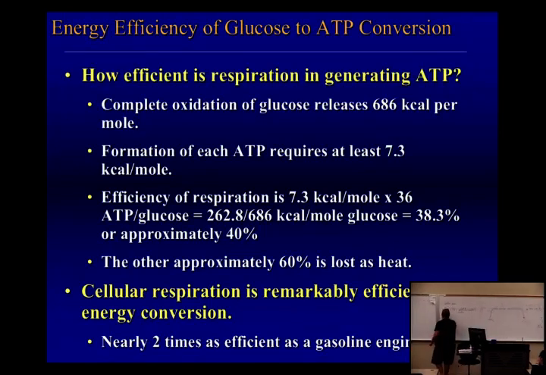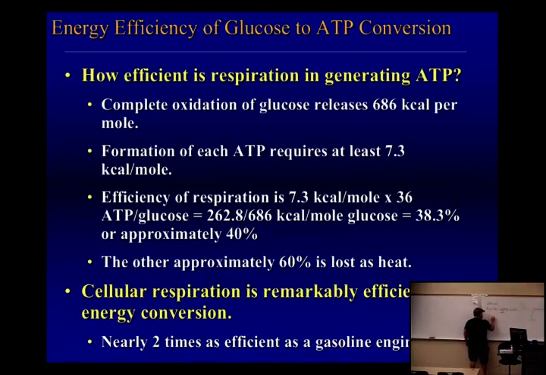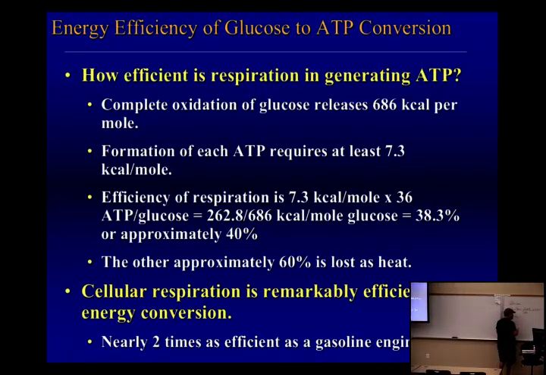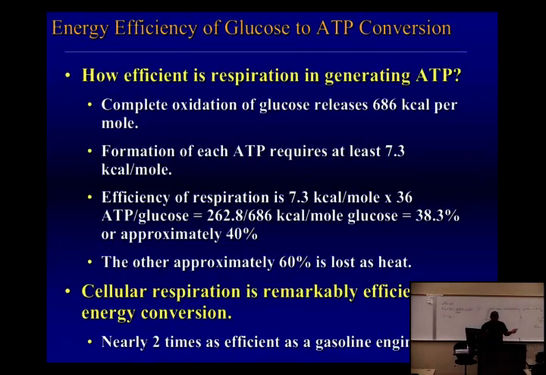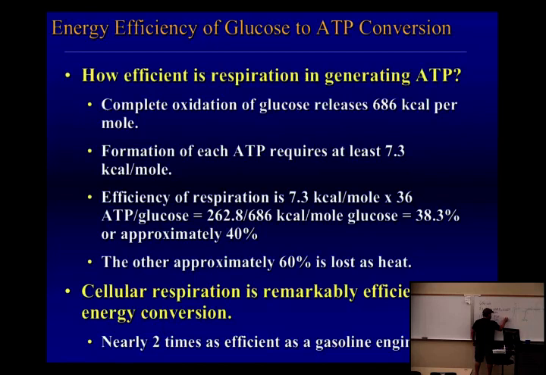So what's 13 times 36? 468. Yep. And then we divide that by 686, and we should get somewhere around 70%. So that's massively efficient.